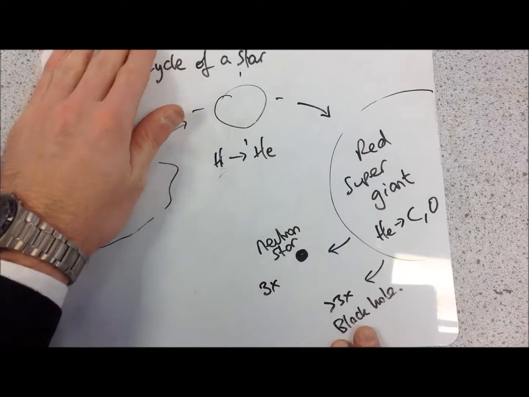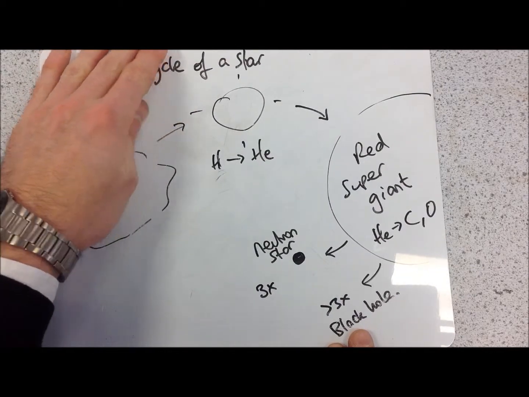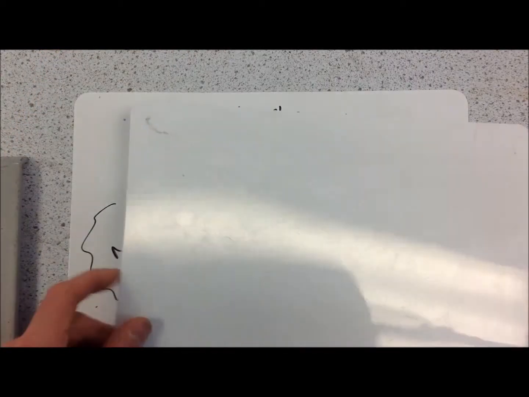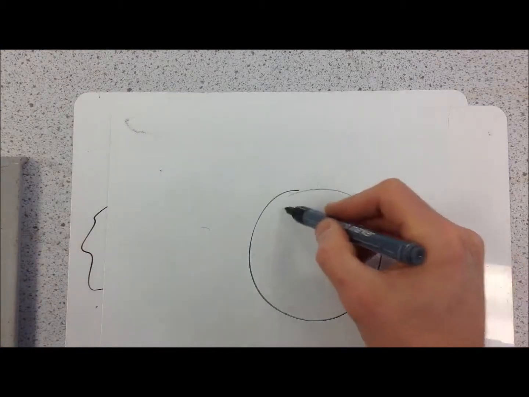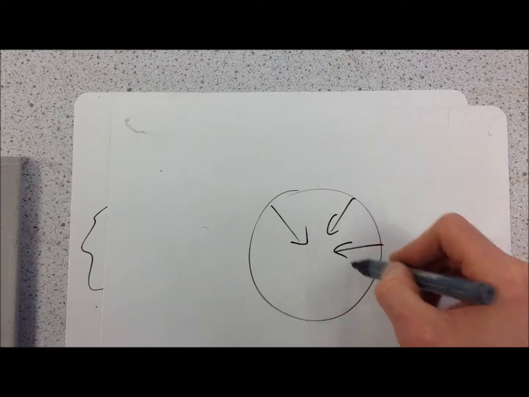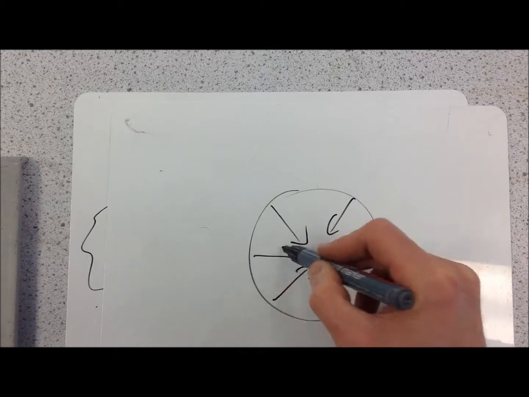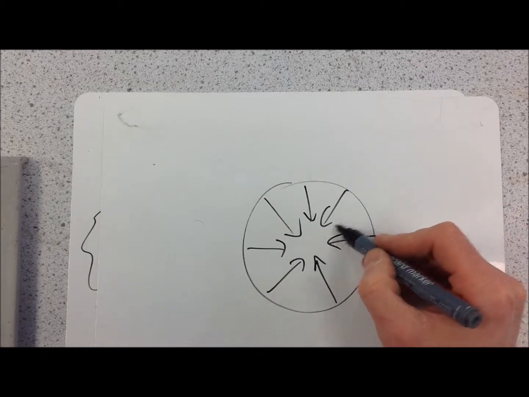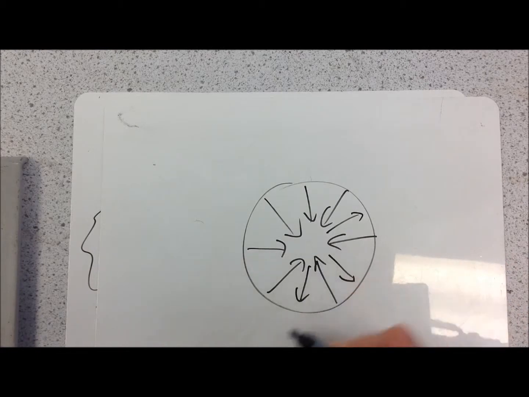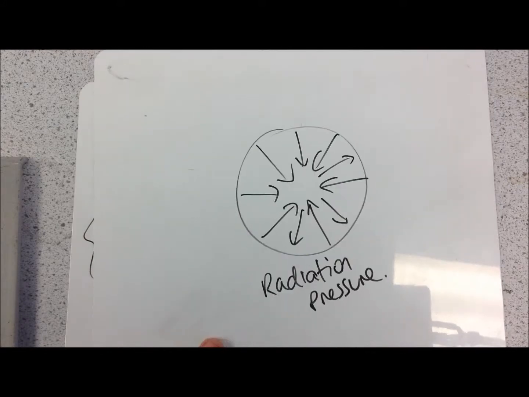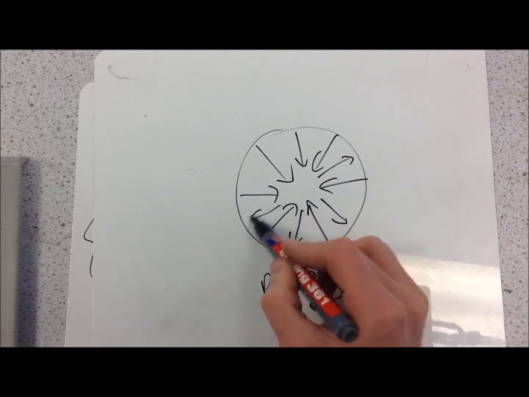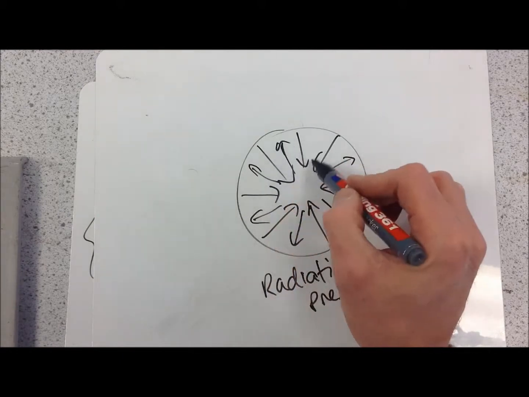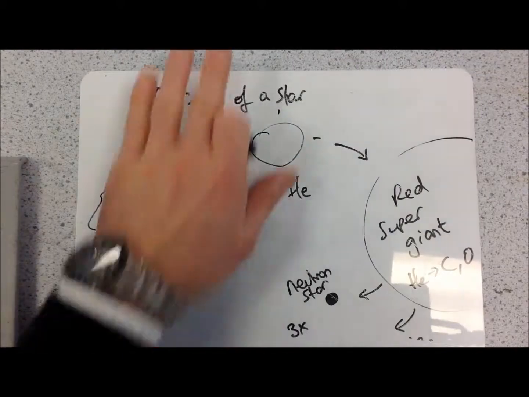Or it could be this business about radiation pressure. So why does the sun stay the same size? Why doesn't it just collapse in on itself? Because you've got gravity, those arrows, and the radiation pressure pushing outwards, which balances gravity. So, hopefully that's useful.